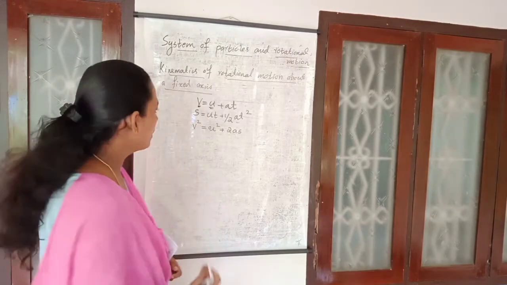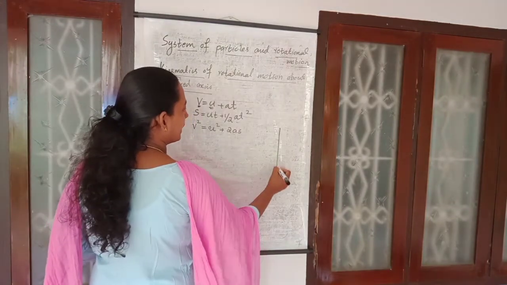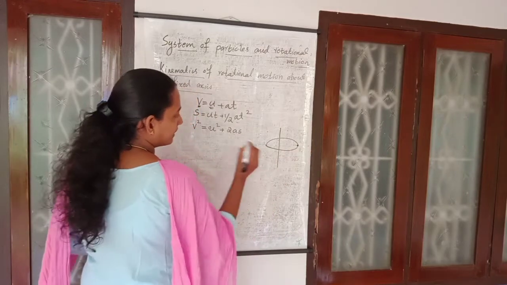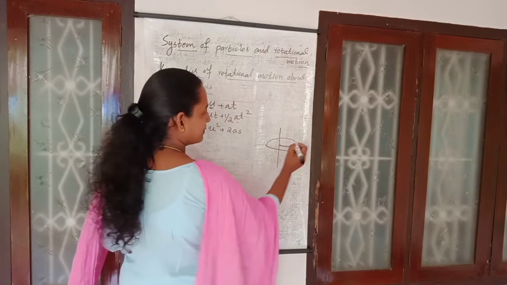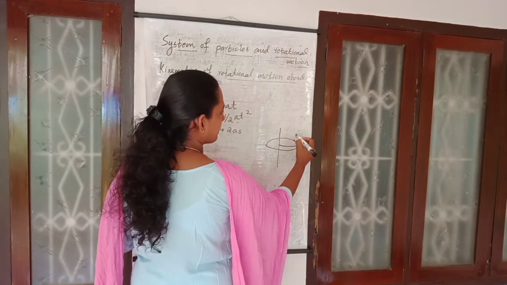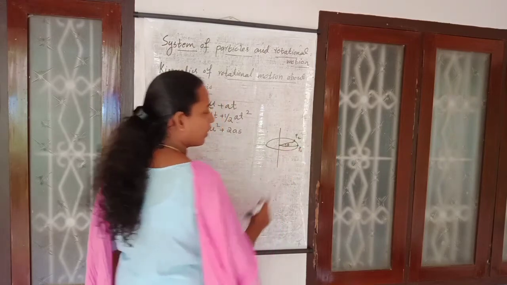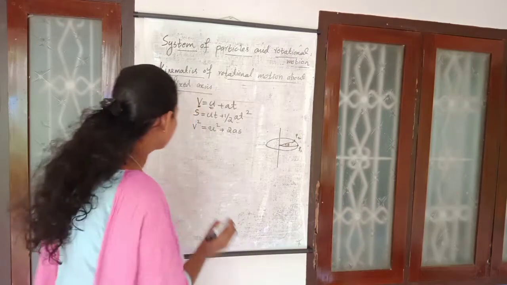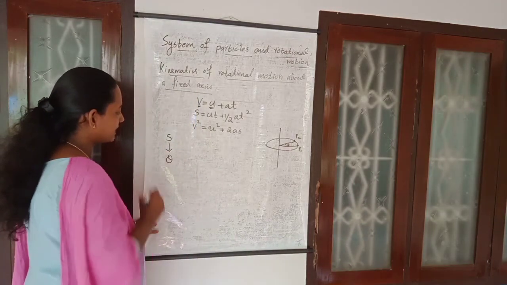But whenever we consider the rotational motion of a body, a simple particle, if this is its original position P1, after some time if it reaches a point P2, we consider this angle theta, because that body turned through an angle theta. Instead of the displacement s, we consider the angular displacement theta itself.